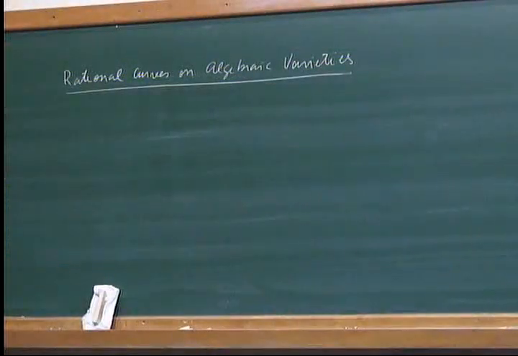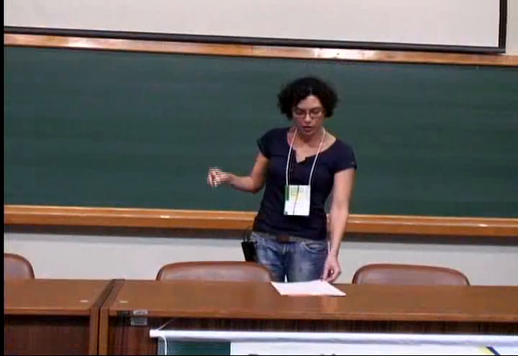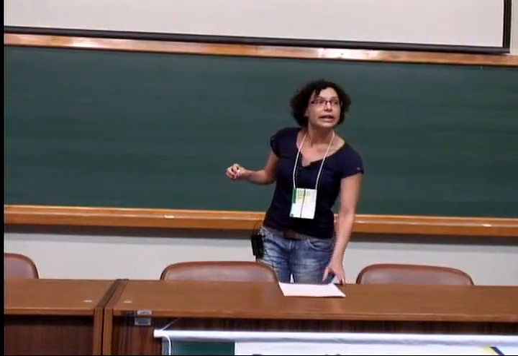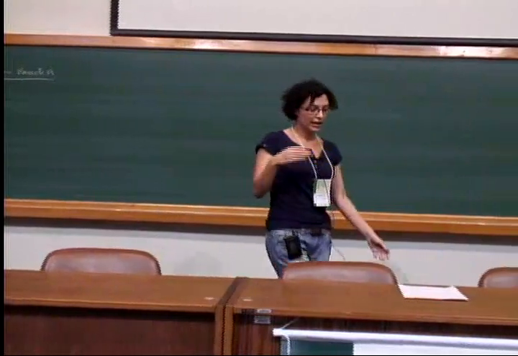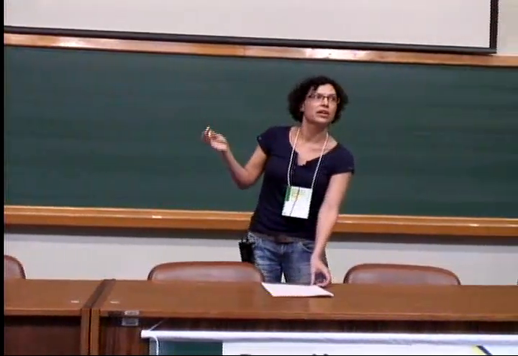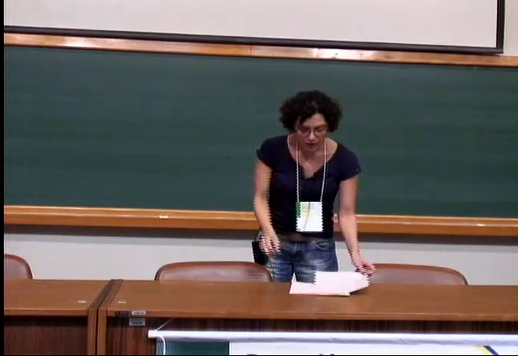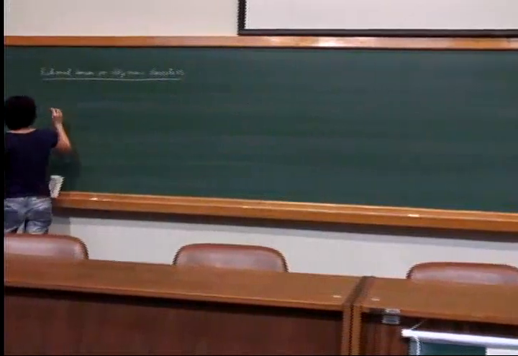I should say that this mini course is going to focus on geometric aspects of rational curves. And then next week, Emmanuel Peyre will give us a mini course relating rational curves with arithmetic aspects of algebraic varieties. So let me just make a brief plan of the mini course.